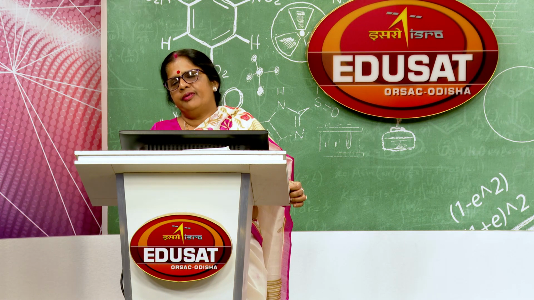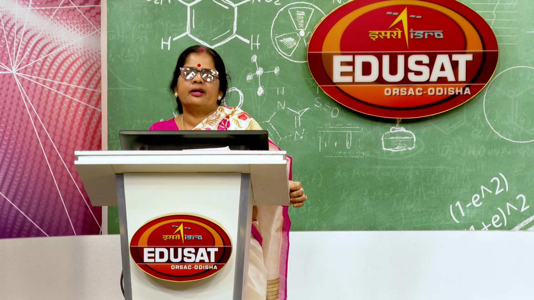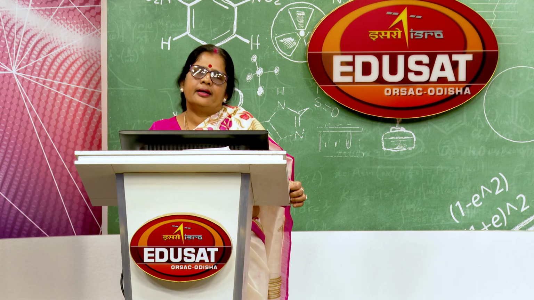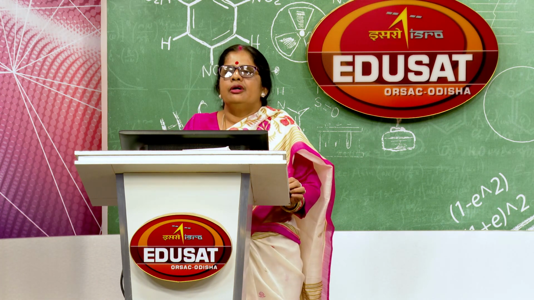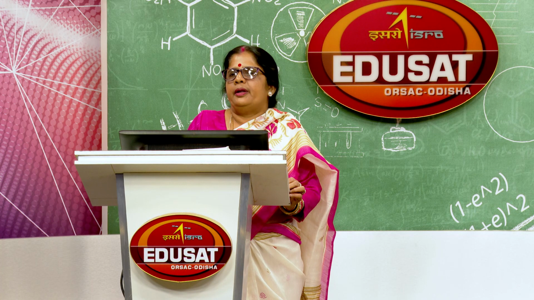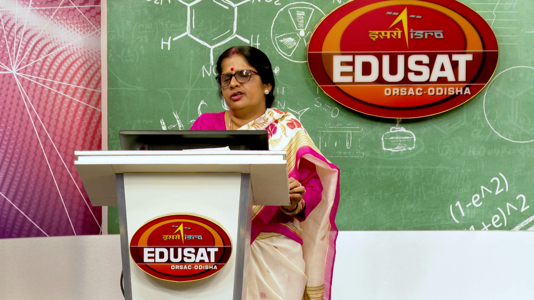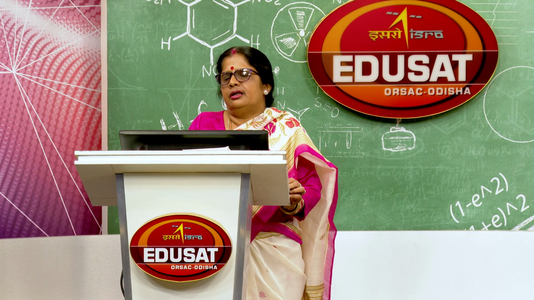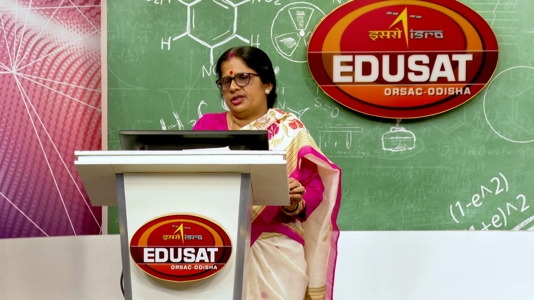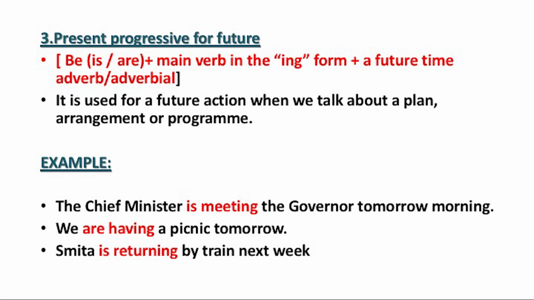Finally, all of them were convinced, they agreed to give him permission to play tomorrow's match. So, tomorrow Manoj is playing, or Manoj is playing tomorrow's match. In this way, you can use present progressive for future.